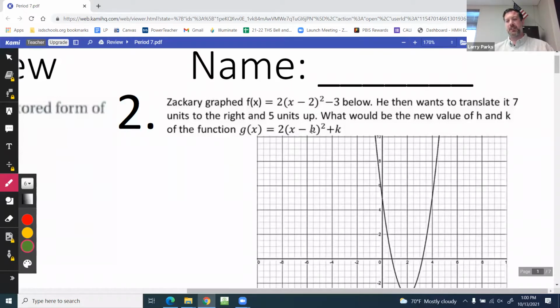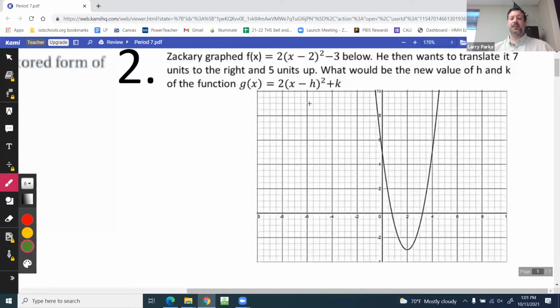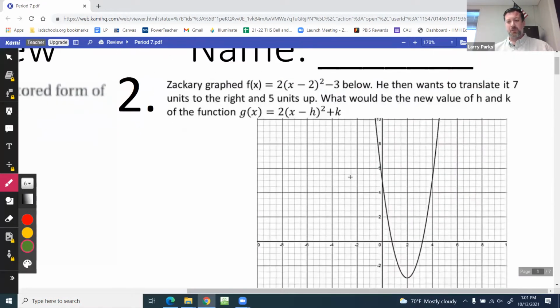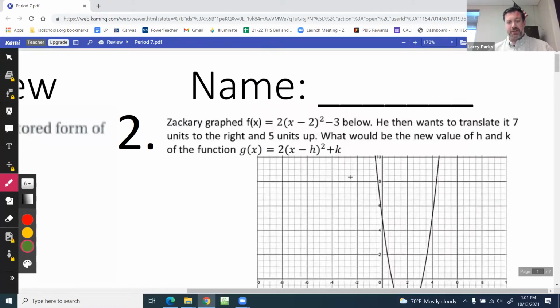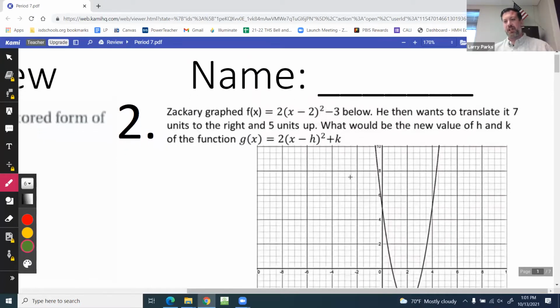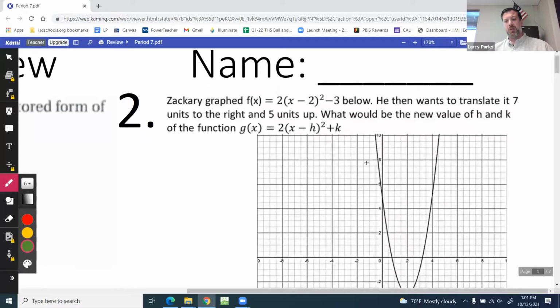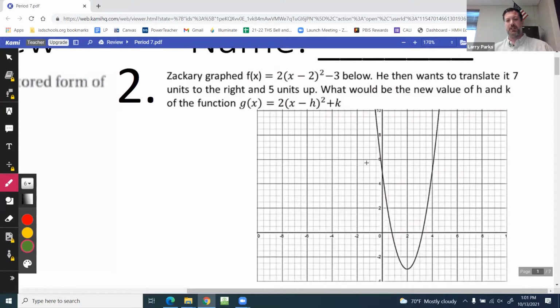So when you're talking about the h value, I guess you could think of it as just the number that's there. So if this had said +2, then you would say h is -2. All right, so he graphed it below, right here. He then wants to translate it 7 units to the right and 5 units up. What would be the new value of h and k?